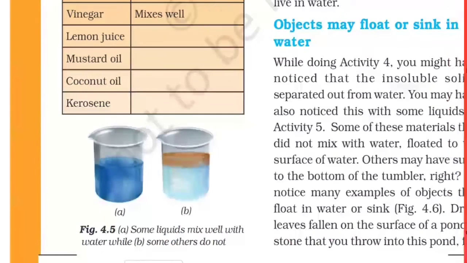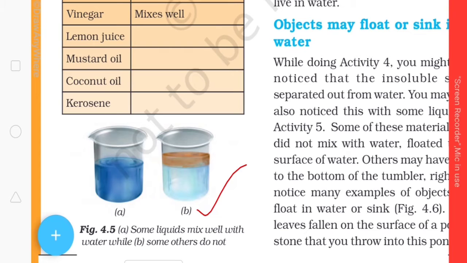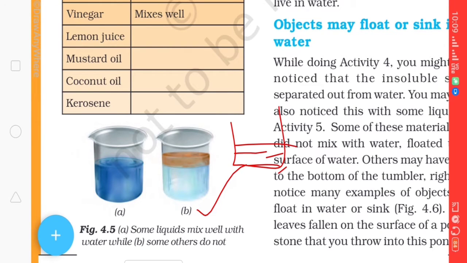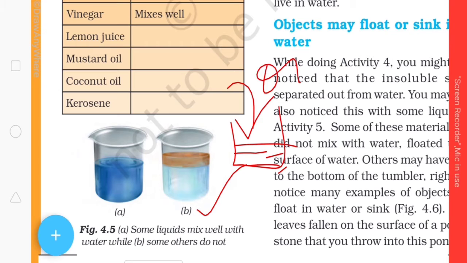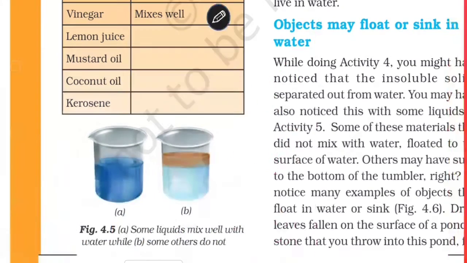But in this second figure, we have water and we have added oil. Here the oil does not get mixed completely with the water. The oil will remain on top of the surface of water. So this is called what? Insoluble.